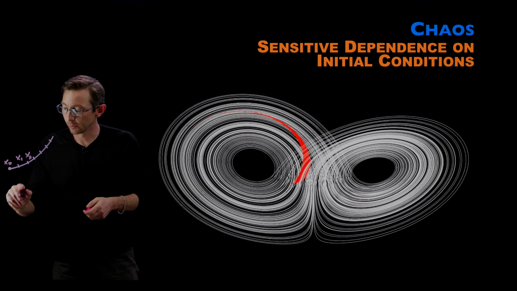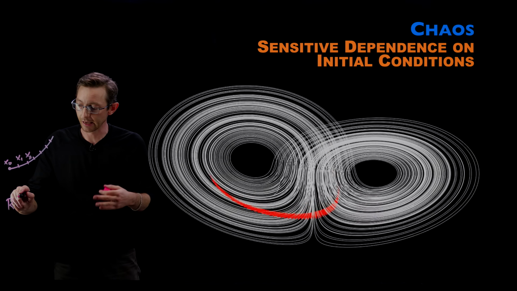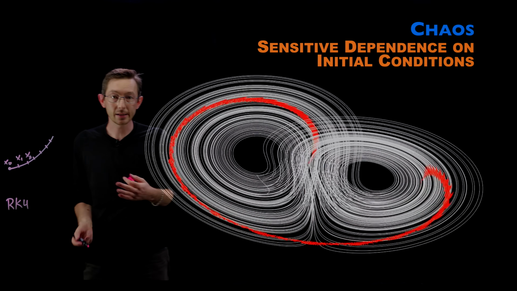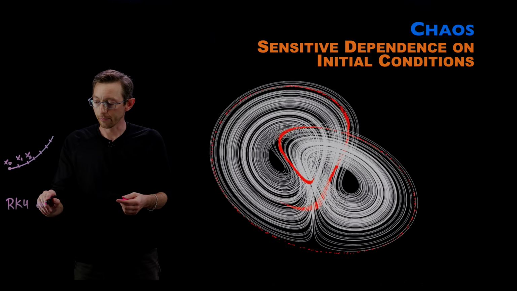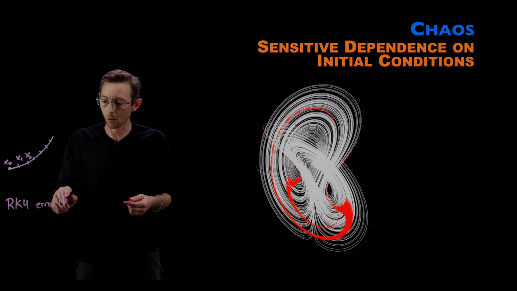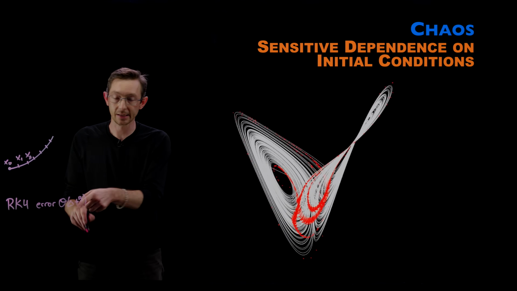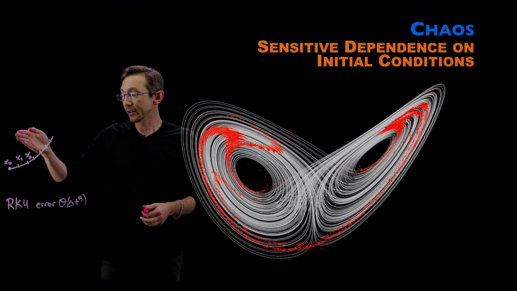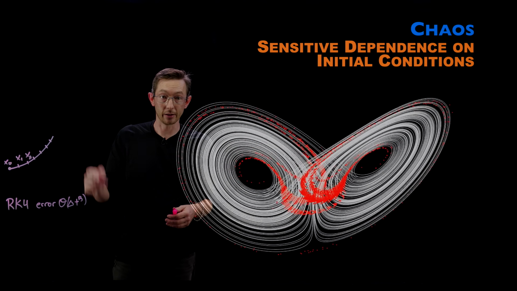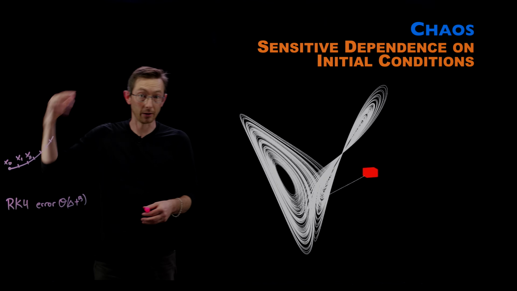For example, we said that the fourth order Runge-Kutta scheme has error that is on the order of delta t to the fifth power, where delta t is my time step. At every single step of the integrator, I have order delta t to the fifth error.